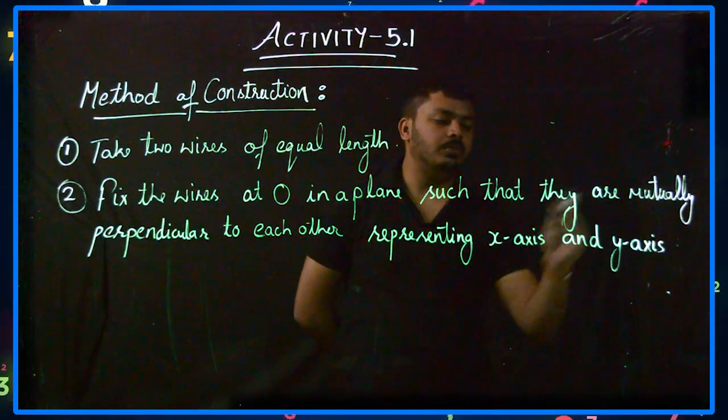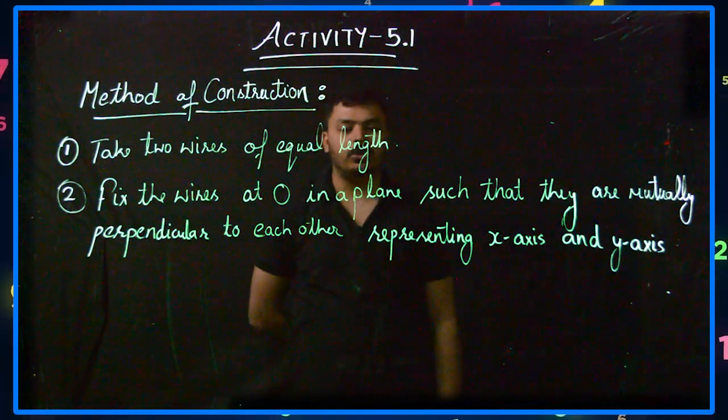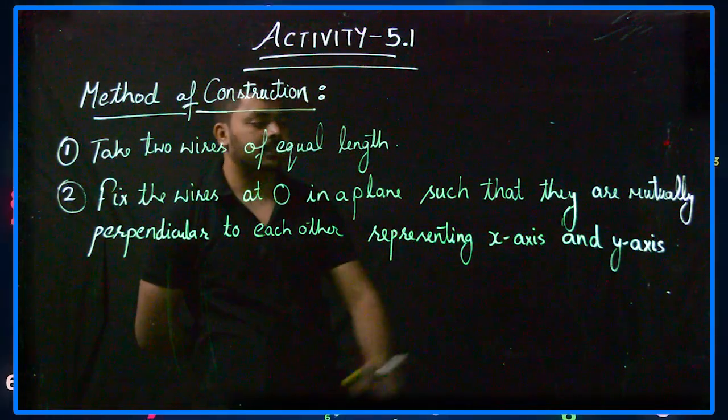So the two wires are mutually perpendicular to each other at point O and they represent x-axis and y-axis.